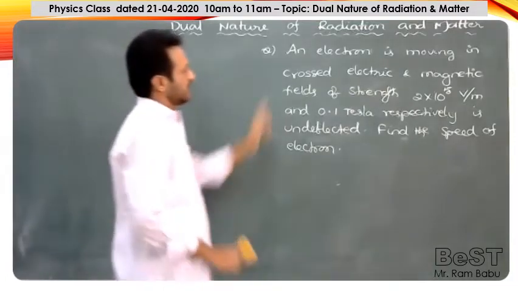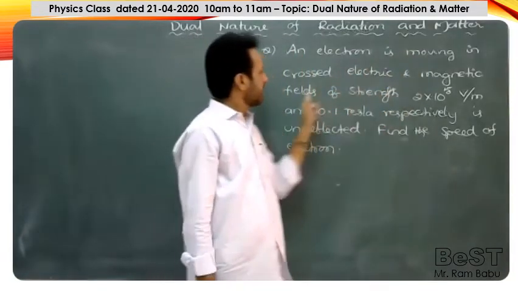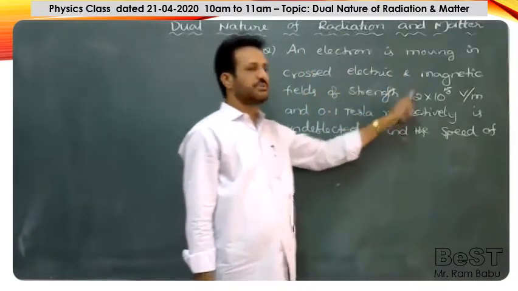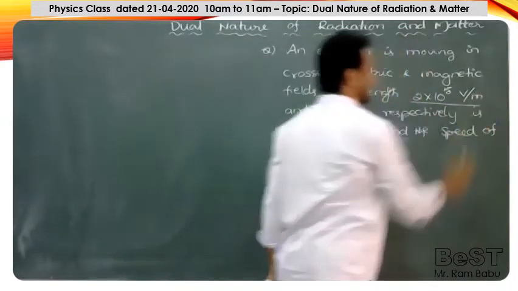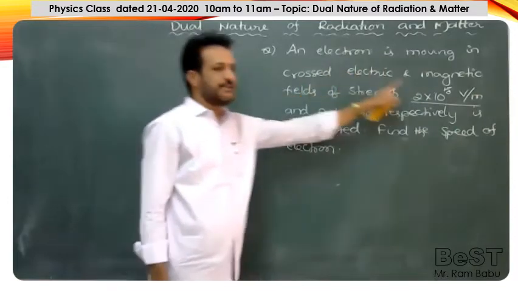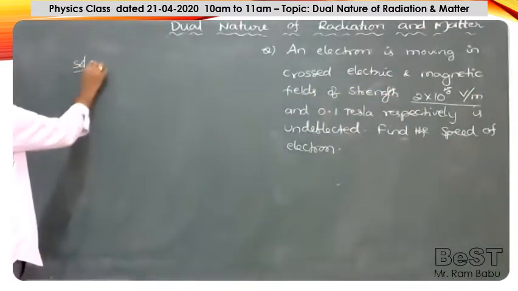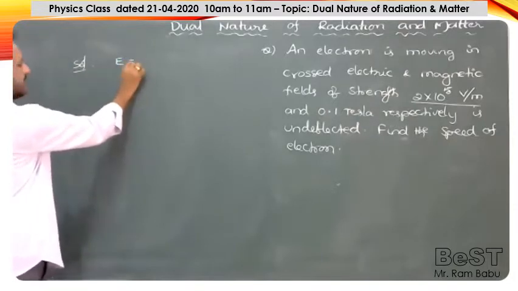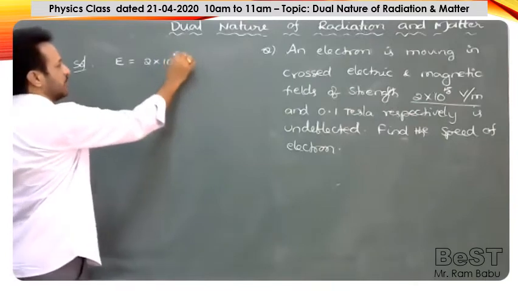So here an electron is moving in crossed electric and magnetic fields of strength 2 into 10 power 5 volt per meter. First, you should write this data. Strength of the electric field, we can use the symbol capital E. E is equal to 2 into 10 to the power of 5 volt per meter.